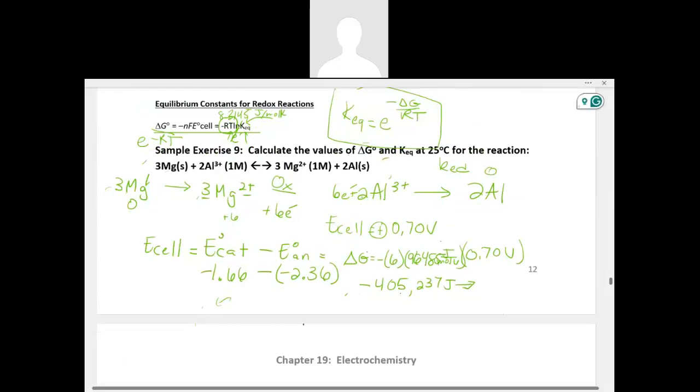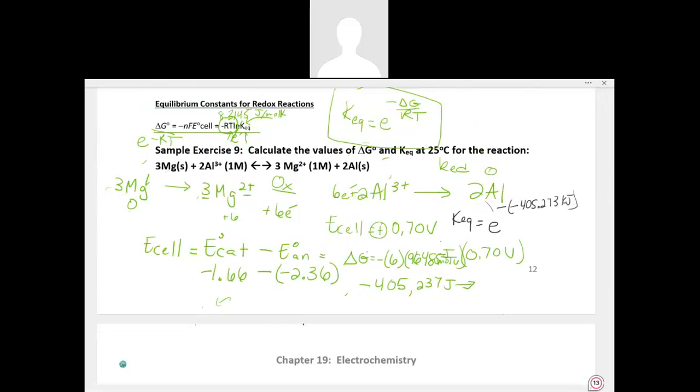Okay, so now that we have our values for delta G, since we've already solved for E cell, we're going to plug this into our K eq equation, and that will simply be e to the negative delta G. Just to save some space, we'll call this negative 405.273 kilojoules.